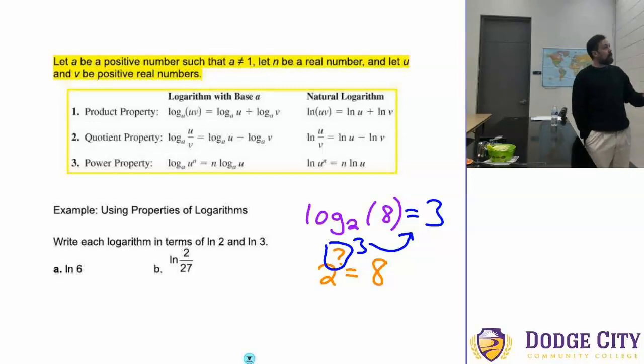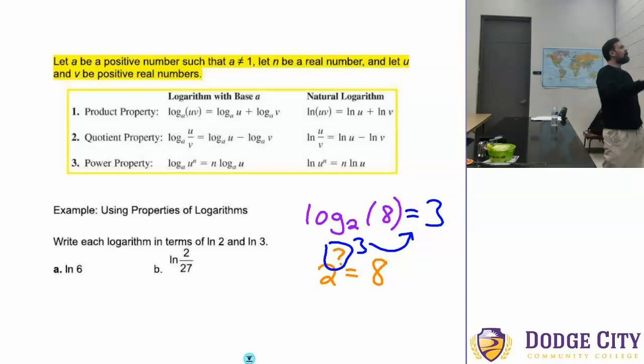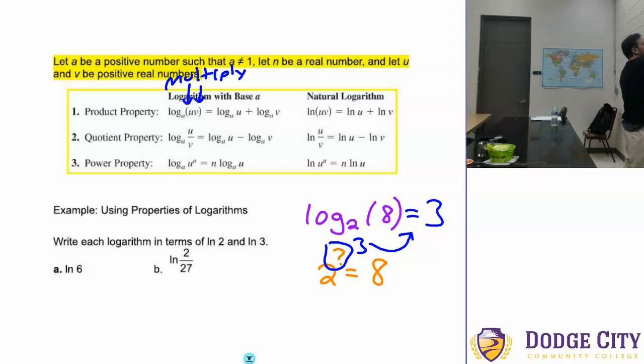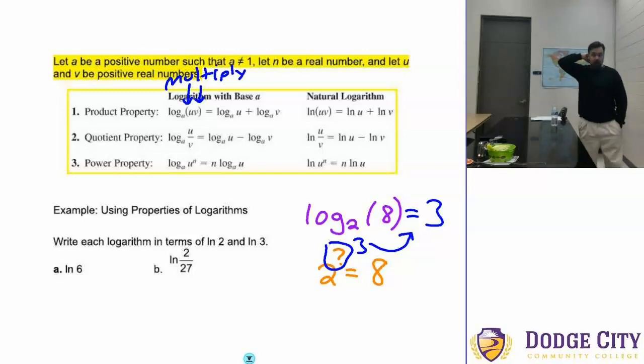And so what I mean by this, and this is kind of the short explanation for why logarithms behave the way they do. If we look at property number 1, the product property, we have log base a of u times v. We're multiplying the u and the v together inside of that logarithm.